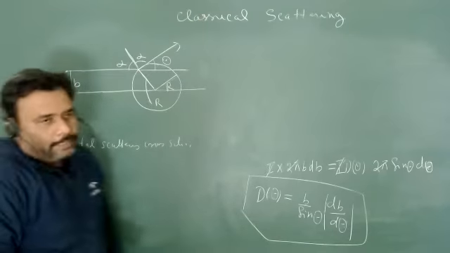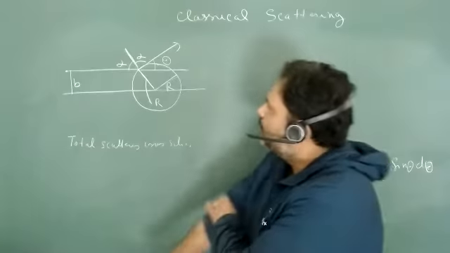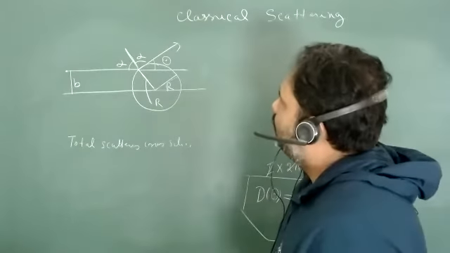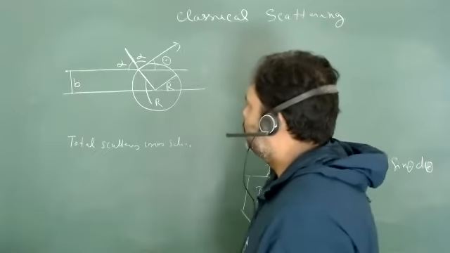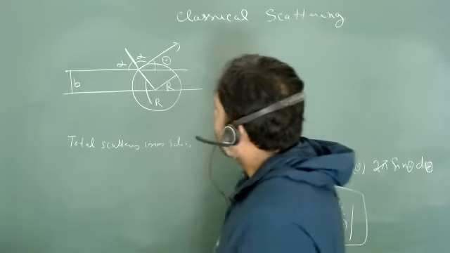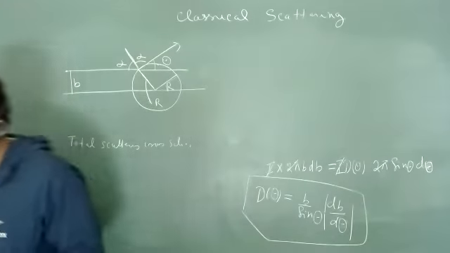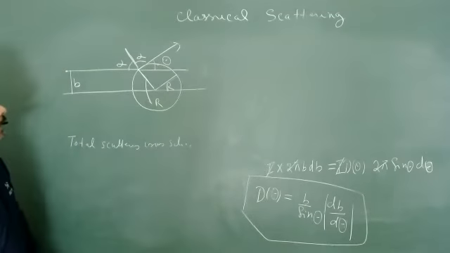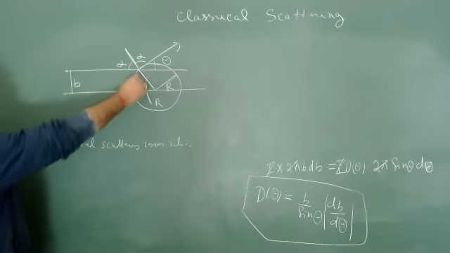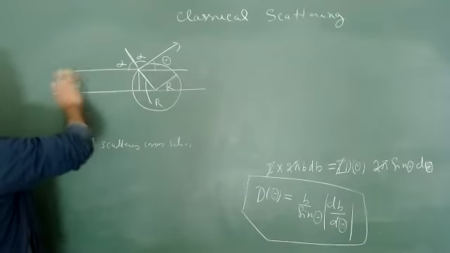What you have to do, you have to first calculate the differential scattering cross section, and then you have to calculate the total scattering cross section. So what is your real challenge? You have to write b as a function of scattering angle theta. How will you write b as a function of scattering angle theta? Now we have this value, this is just a parallel.